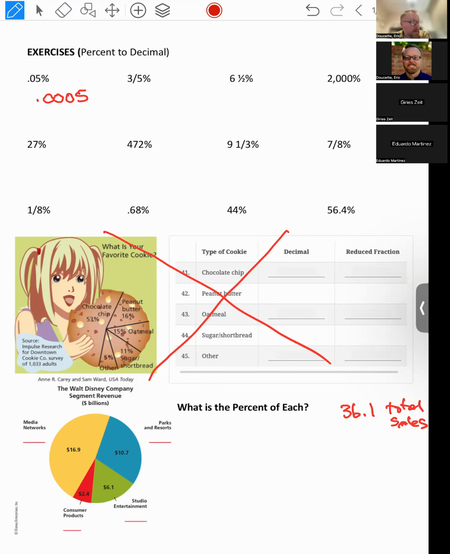So how about the next one? 3/5. Would that be like 0.006? Or would it just be 0.06? It would be 0.006. Now, the one thing you have to realize about percentages is they're always a portion of a whole, right?